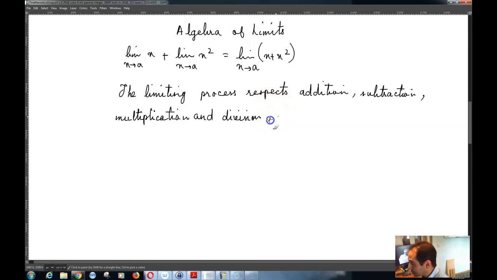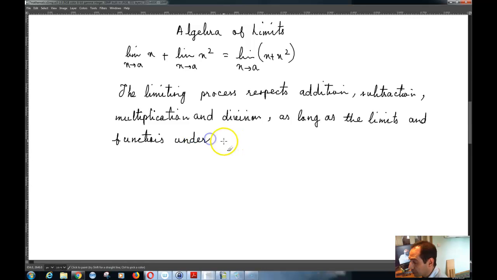And of course, this holds as long as the limits and functions under consideration are well defined.